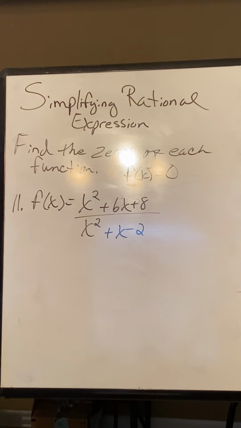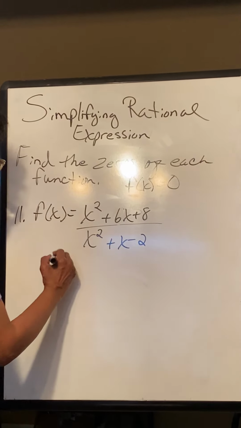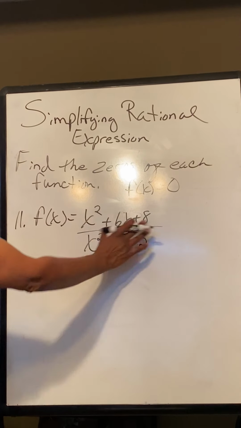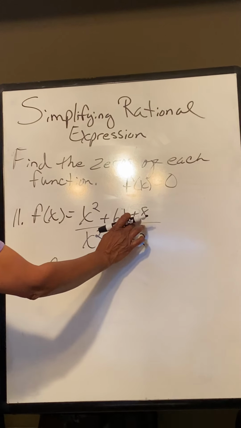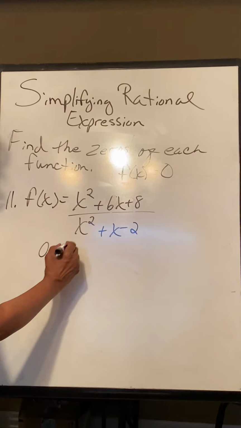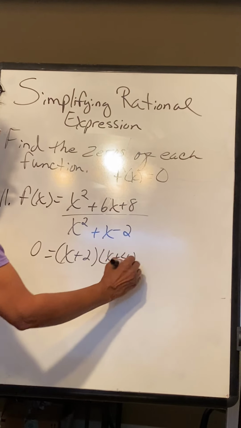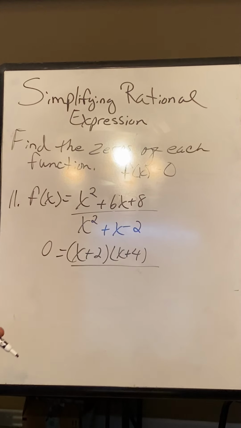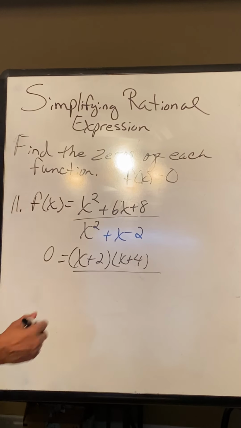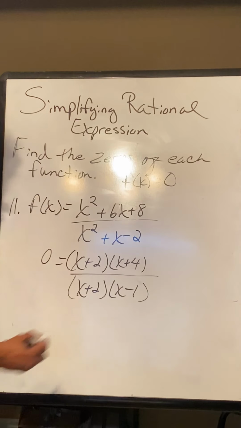Again, to find my zeros, I'm going to replace f of x with 0. I'm going to go on and factor this. Two numbers I can multiply, get 8, combine, and get 6. I would have an x plus 2 times an x plus 4 divided by, I need two numbers I can multiply and get a negative 2, but combine and get a positive 1. So that would be x plus 2 and x minus 1.